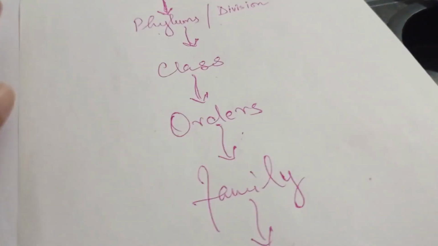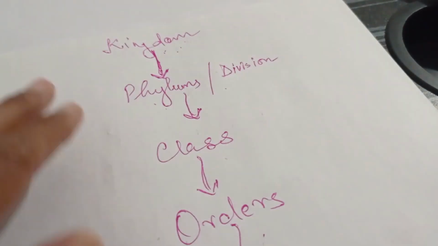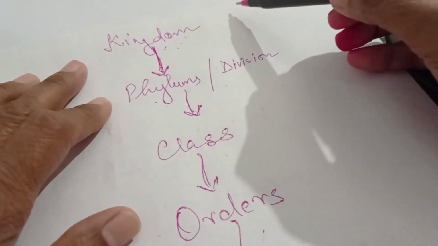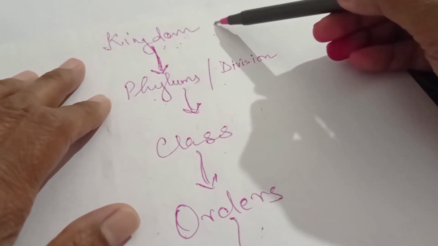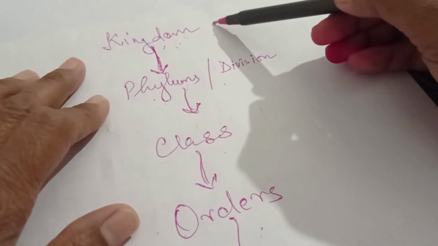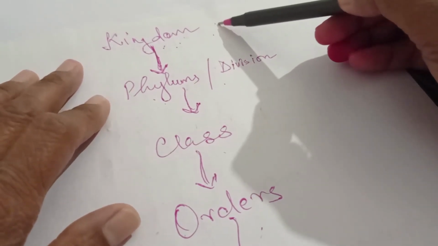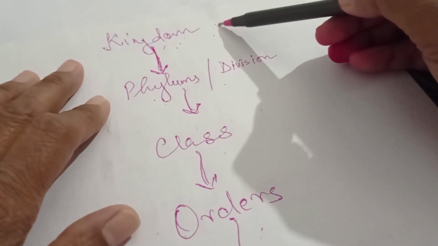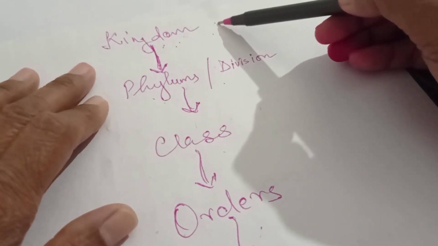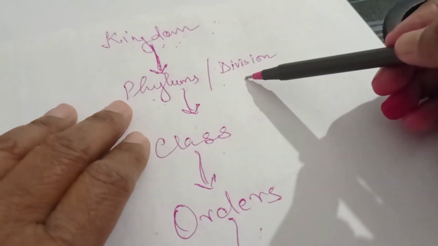Now, once more, take a look at it and understand it properly. All the living organisms are classified into the highest category, which is called kingdom. Kingdom is the highest, topmost category. After kingdom comes phylum or division.